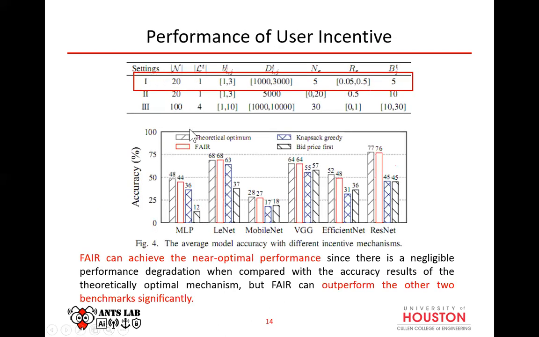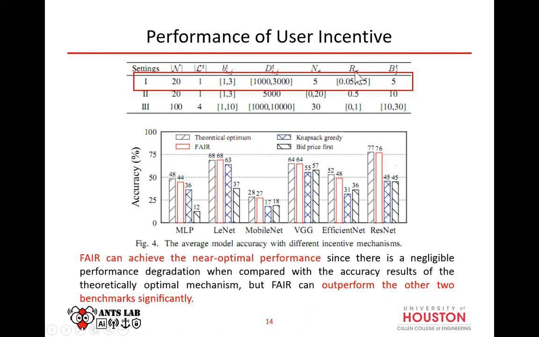And in the first experiment, they use this setting: n is 20 and the learning task is 1, and this is the bid price distribution, and this is the data size distribution, and this is the nodes, and this is the mislabeled data ratio in the training data set.